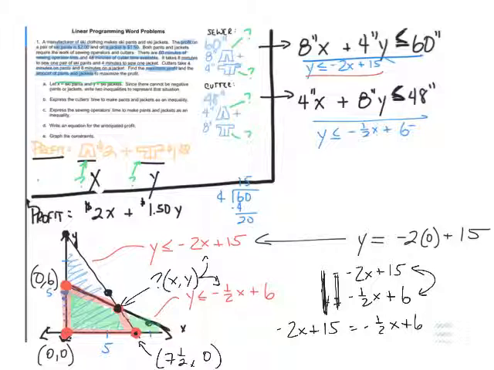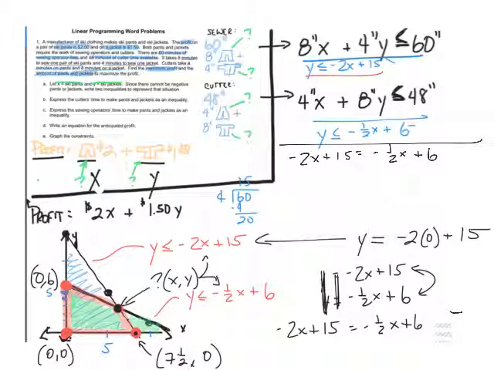And now solving, I can find out what x is. I can't do that in my head. That's a lot of math. You thinking the same thing? Negative 2x plus 15 is equal to negative 1/2 x plus 6. So now we finally get to do a little bit of math.